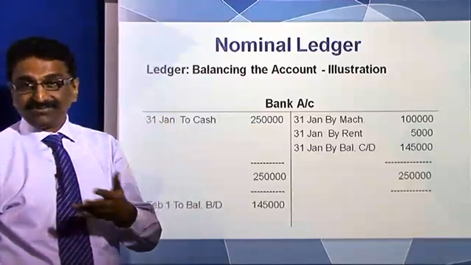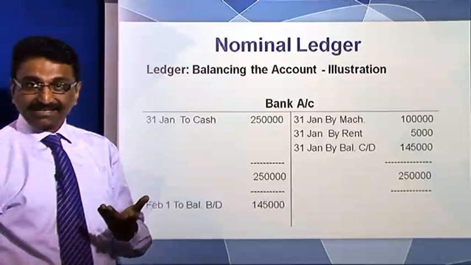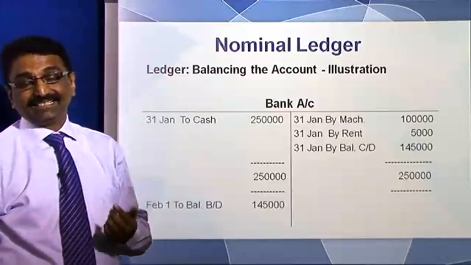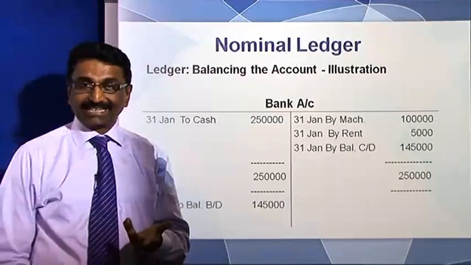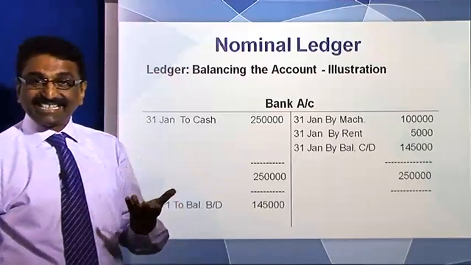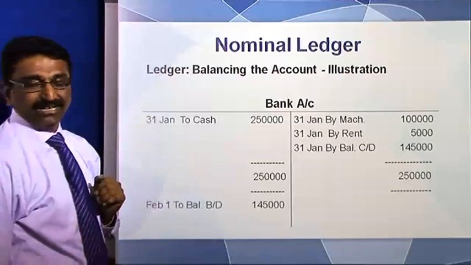Income accounts will usually have a credit balance because increase in income is credited always, and expense accounts will have a debit balance because increase in expenses is debited. This is a basic logic that one should remember.